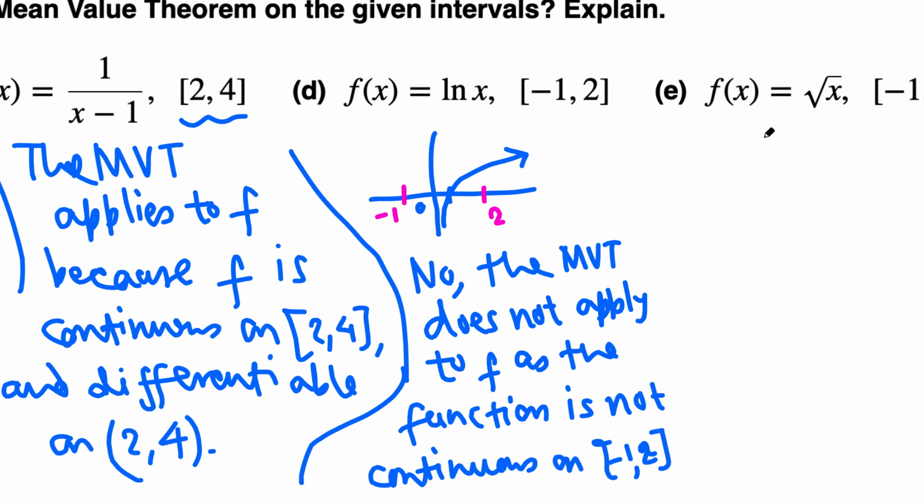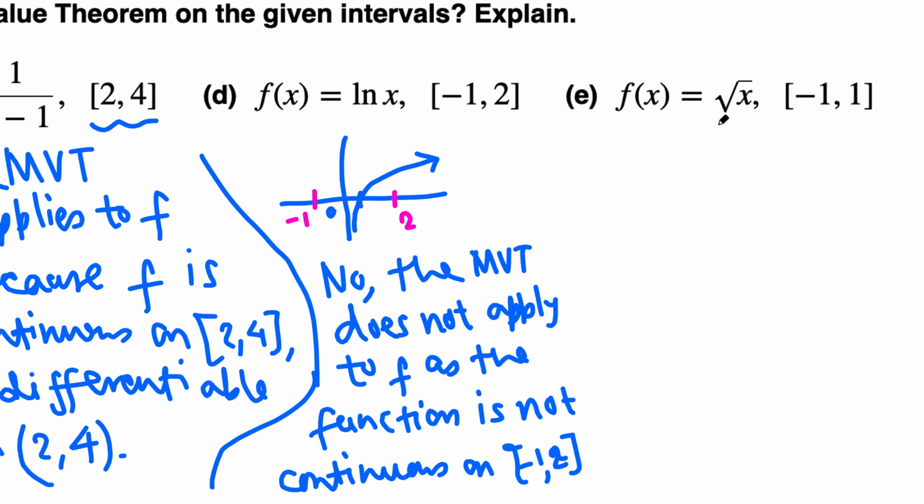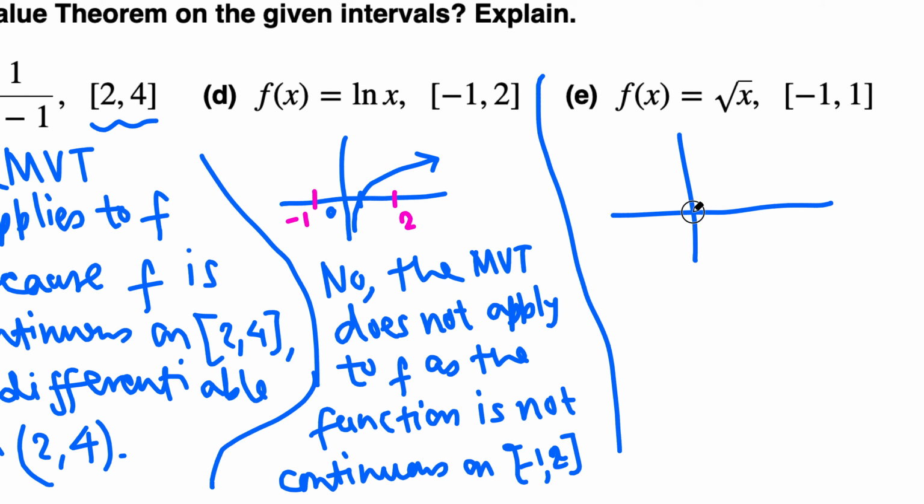Okay, and the last problem is f(x) = √x. So here, if we graph the square root of x, that is something like this. At 0 it's good, but we are looking from −1 to 1. And the square root of negative numbers is not defined. So like D, the mean value theorem does not apply because the function is not even defined, not continuous.